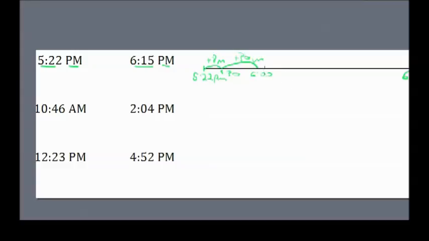Good. And then, how much more? Okay, 15 more minutes. So how about I do an extra 10 minutes to get me up to 6:10. Yep, and then I'll add 5 minutes, and that gets me up to 6:15. And now I just need to count along the top and figure out how many minutes have elapsed.